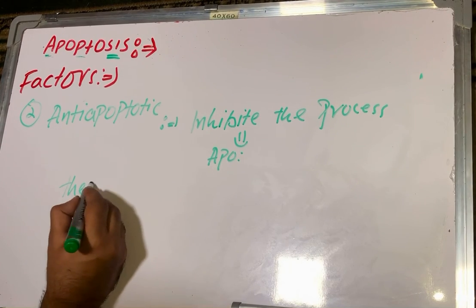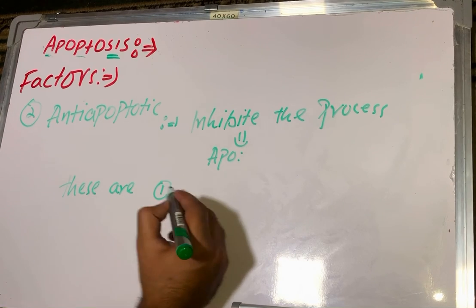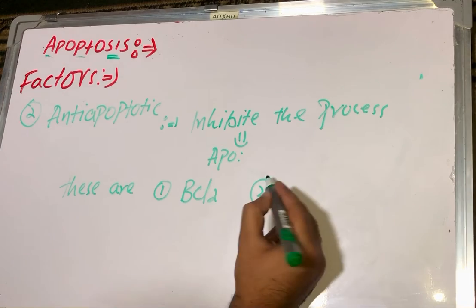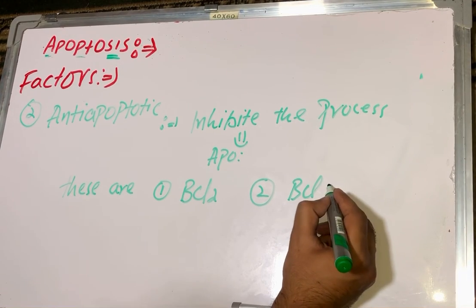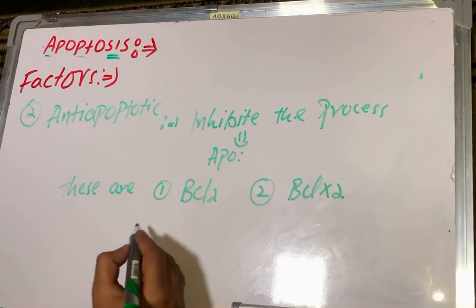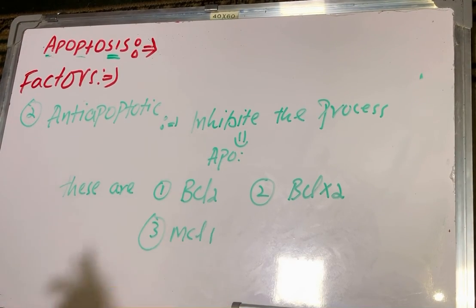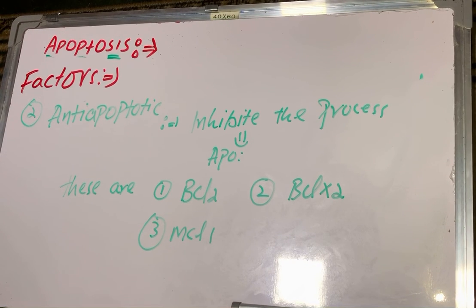These are number first BCL2, number second BCL-XL, and number third is MCL1. So this was all about the intro of apoptosis, and in the next video we will discuss the mechanism of apoptosis.